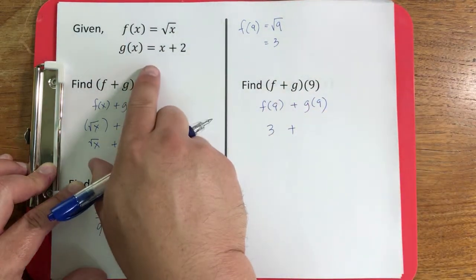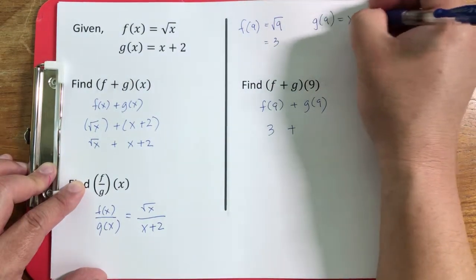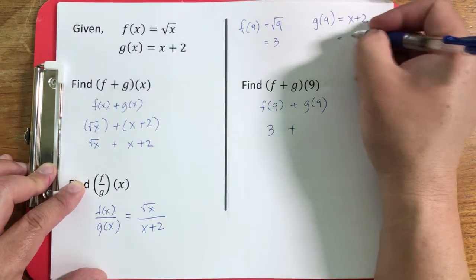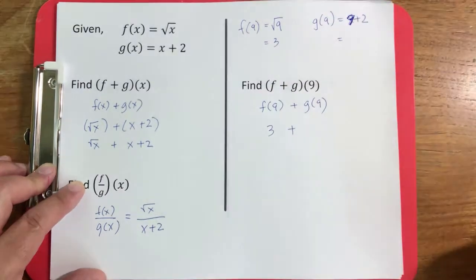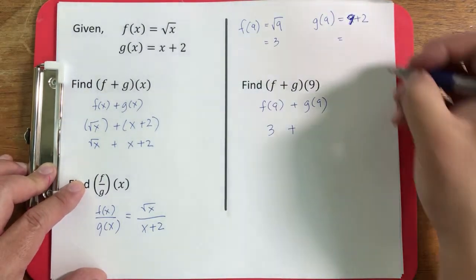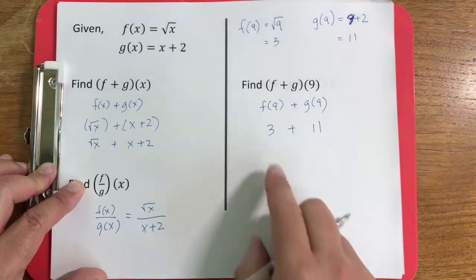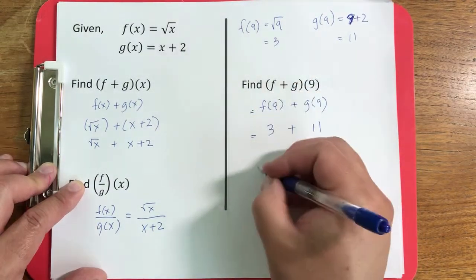And then g of 9 is equal to x plus 2. So that's equal to 9 plus 2, right? We're substituting the x with a 9, so then we get 11. So when you add the results of f of 9 plus g of 9, I get 14.